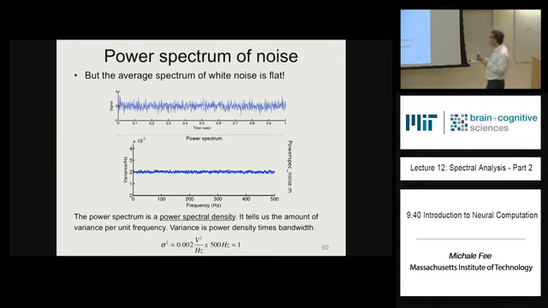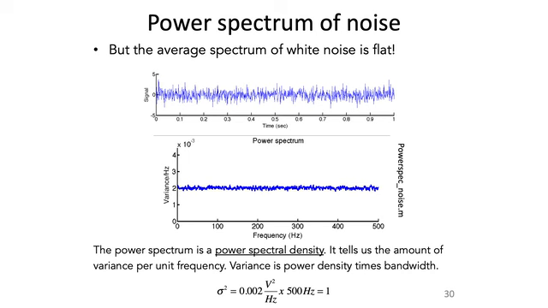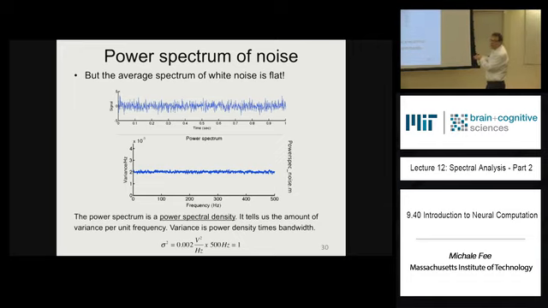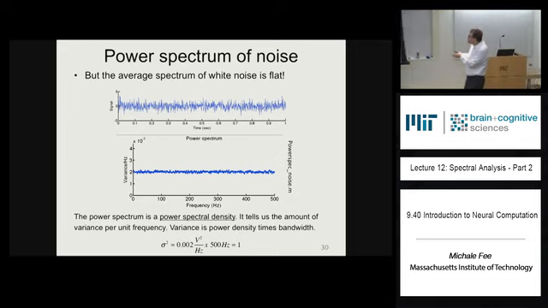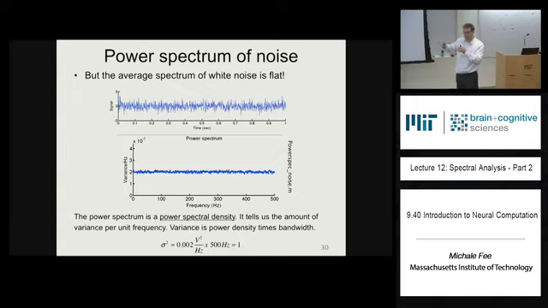You should think about it properly as a power spectral density. There's a certain amount of power at different frequencies in this signal. So there's some power at low frequencies, some power at intermediate frequencies, some power at high frequencies. And for Gaussian noise, that power spectral density is flat. It's constant as a function of frequency.